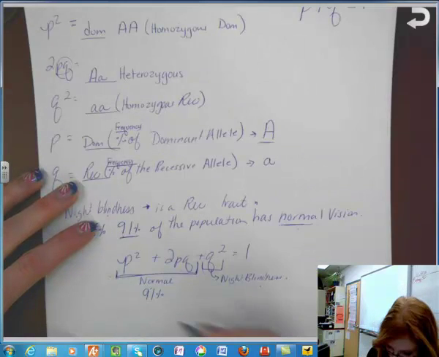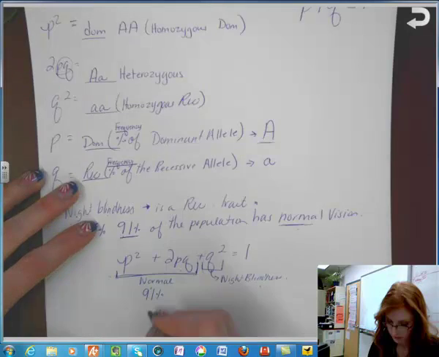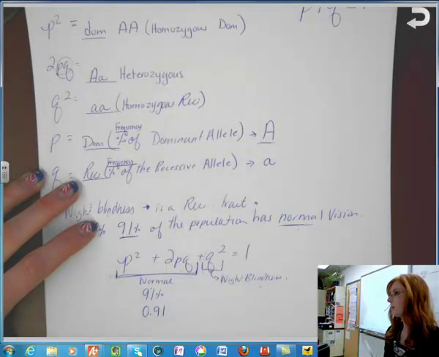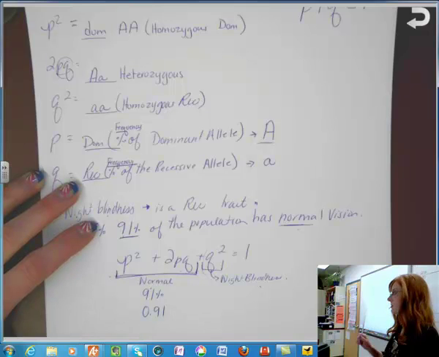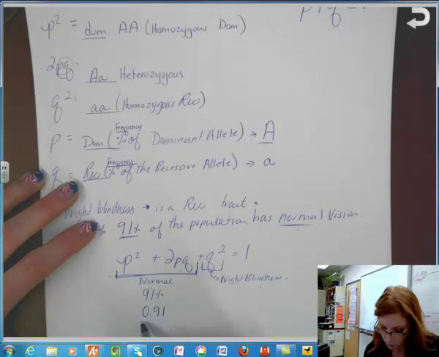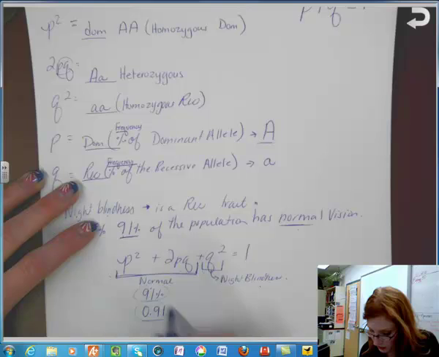So if I convert a percent to a decimal, that would be... Even if you feel like you're falling off the bus, try to stay with us here so you can get all the rest of the parts. So 0.91.